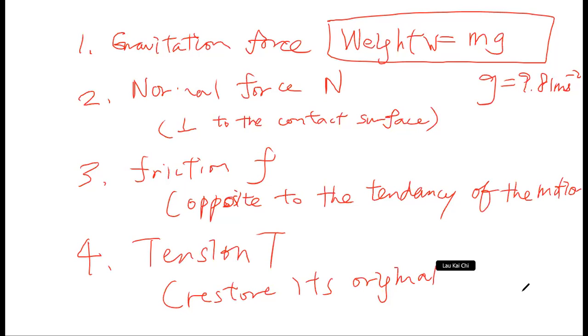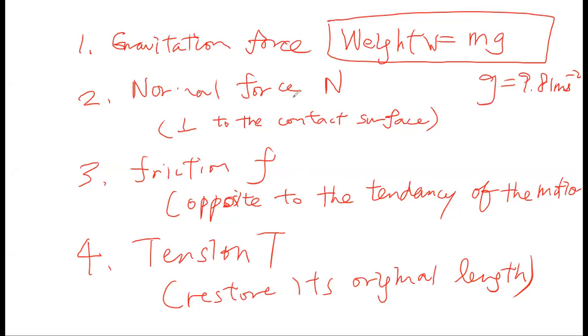We have to be able to learn these forces and analyze the situation: how many forces are acting on one object. By making use of these forces, in a free body diagram, we can solve the problem by telling what the net force on it is and how it would affect the motion later on.